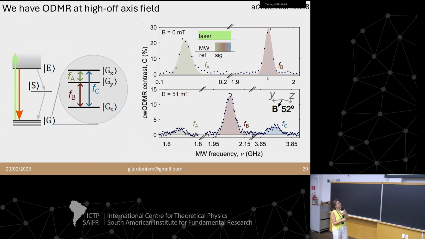But then once you apply a magnetic field that in this case is about 50 millitesla, you still sort of preserve readout of these microwave resonances, even if this field is not aligned to any of the sort of high symmetry axis of this defect, right? So it has a more robust readout, and that means it allows you to have a larger bandwidth in terms of where it operates well, right?